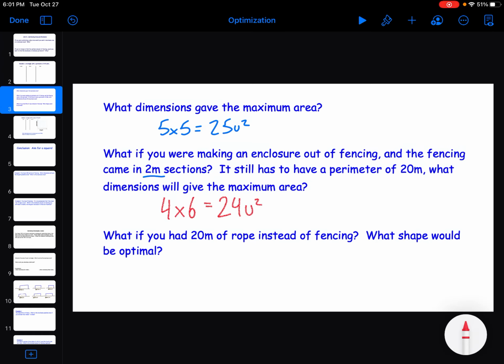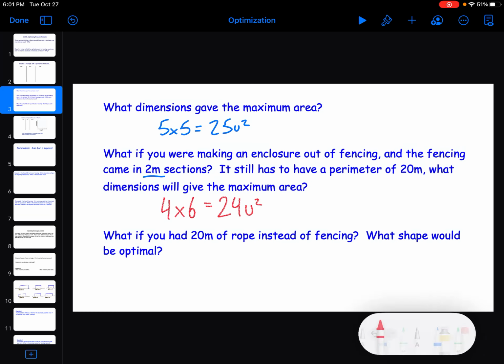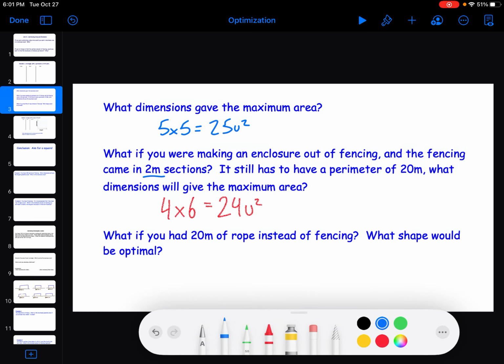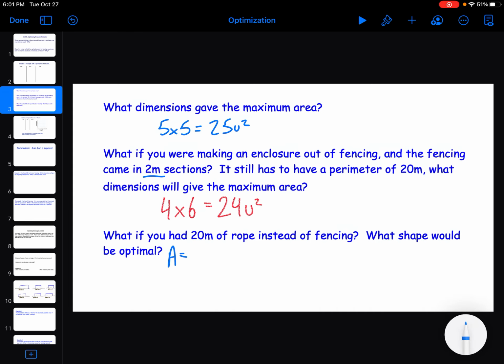Now the last one is, what if we had rope instead of fencing? Well, if we had rope, that would mean that we could make a circle. So we know that the area of a circle is pi r squared. Now if I had rope, I need to find r, but we can find r by using 2 pi r, knowing our circumference.